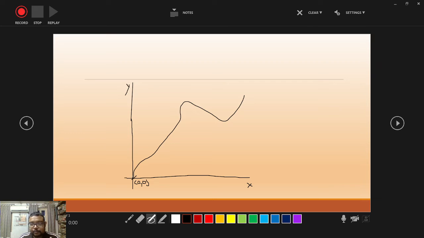But in image processing, whether MATLAB or Python, our coordinate system changes. This becomes our y-axis and this becomes our x-axis, and the position starts from here.